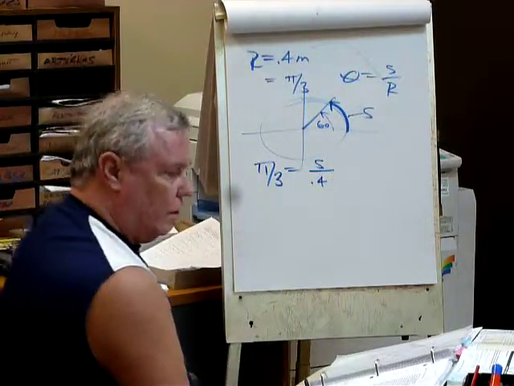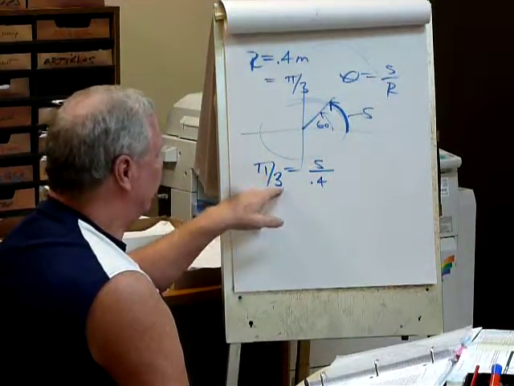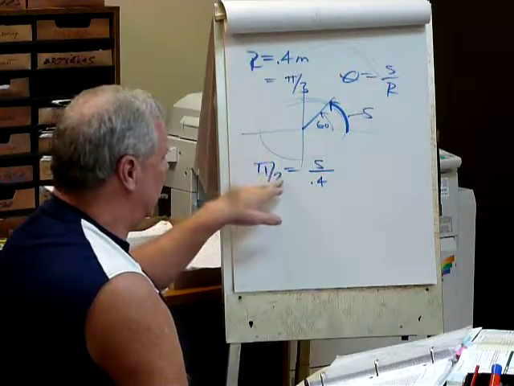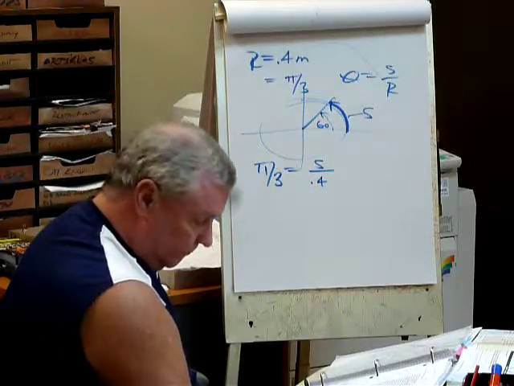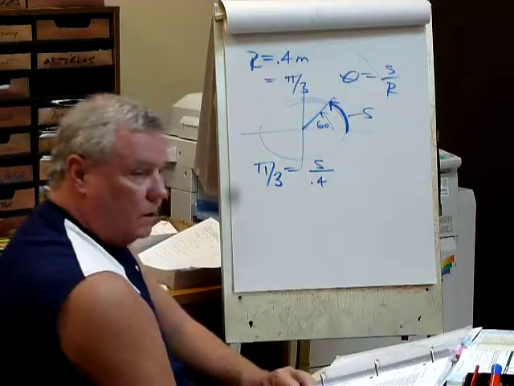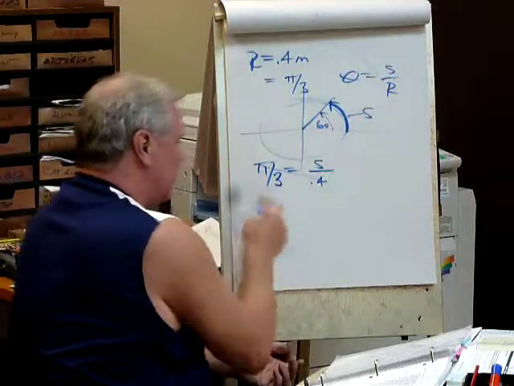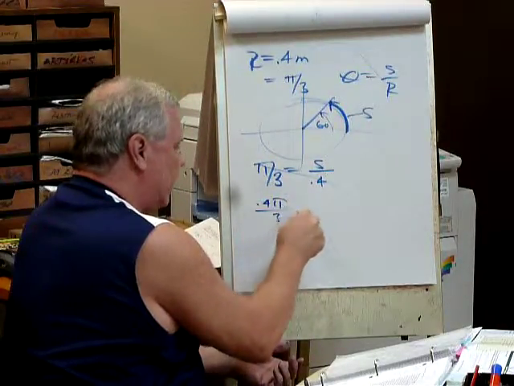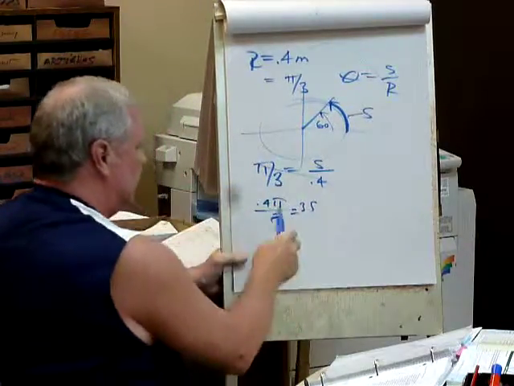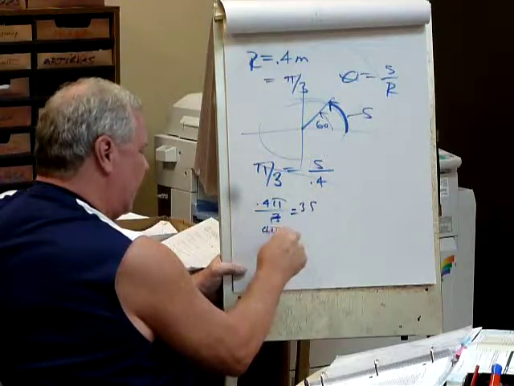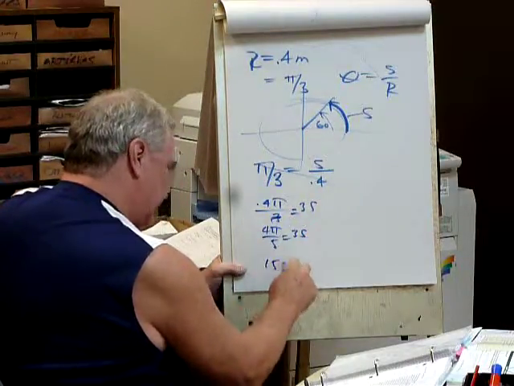So 4 pi over 15, that's 0.75. Let's see, pi over 3 times what? 0.4 pi equals 3S. 15S equals 4 pi.